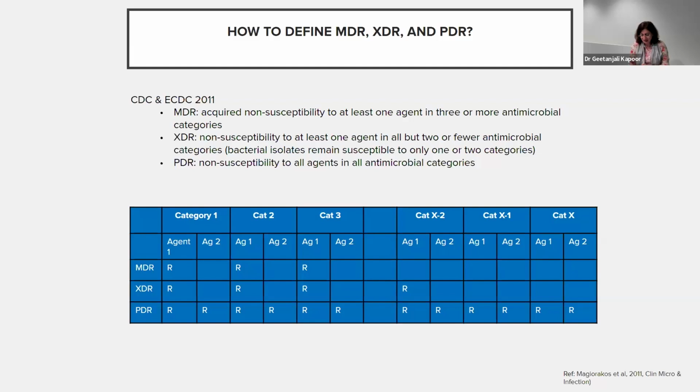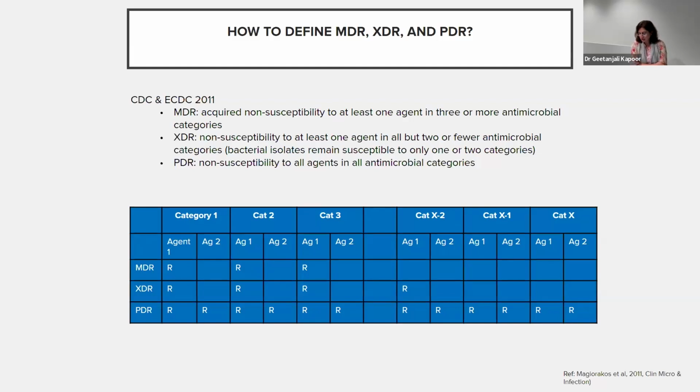As a result, you see that I have left the last category and the penultimate category without a resistance R, and I'm showing that for all the rest of the categories, up to category X minus 2, there is resistance for at least one agent in that category. And then we come to pan-drug. The name is implied. It's resistance to every agent in every category. So these are basically standard definitions.